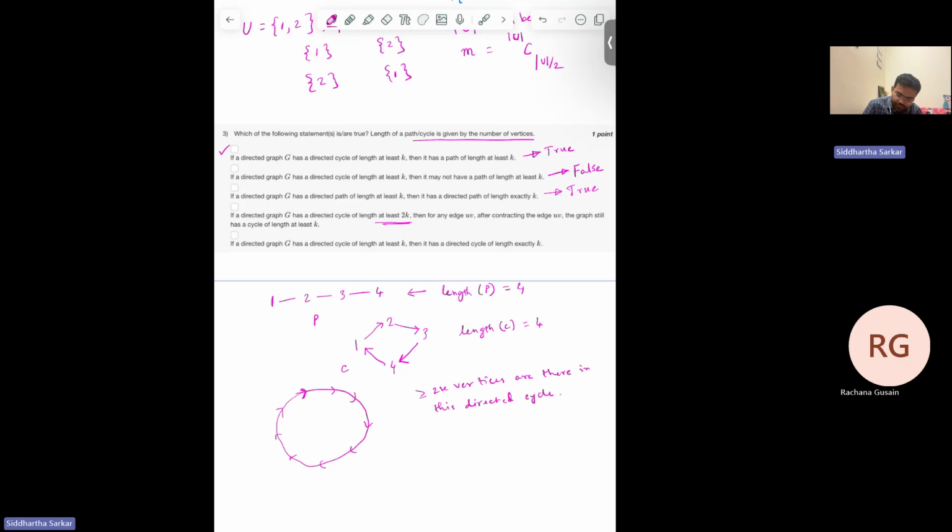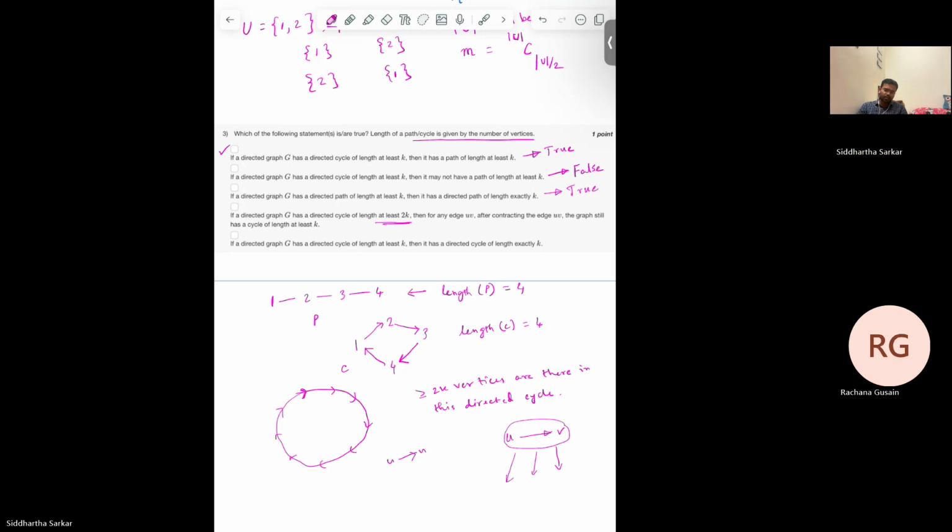All right. So now you pick any edge in the graph, let us say uv, and you contract that. So what is the contraction operation? Suppose this is your edge, and once this edge is contracted, this becomes a super vertex, and all the incoming edges to u and v become incoming edges to the super vertex, and all the outgoing edges from u and v except this edge become outgoing edges.